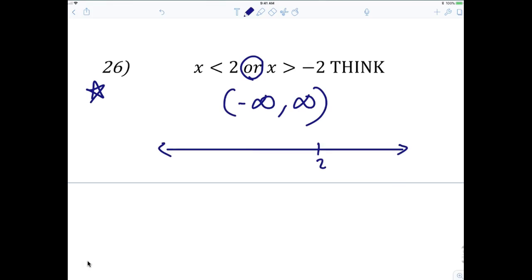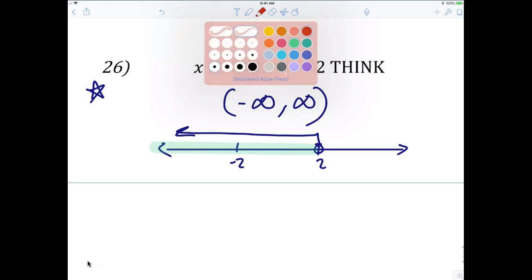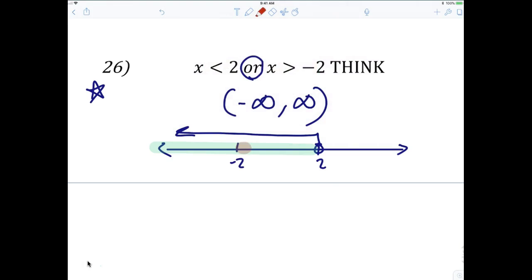If here is 2 and here is -2, if I'm less than 2, it could be anything over here. If I am greater than -2, I go in this direction. If it only has to be true for one of them, no matter what number I pick, it's going to be true for what? One of them.